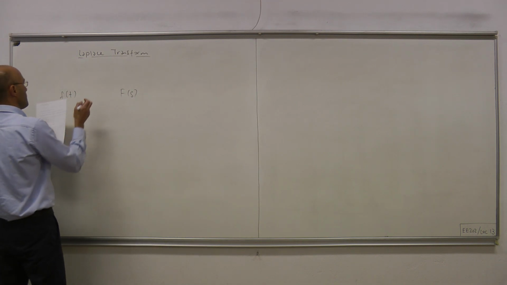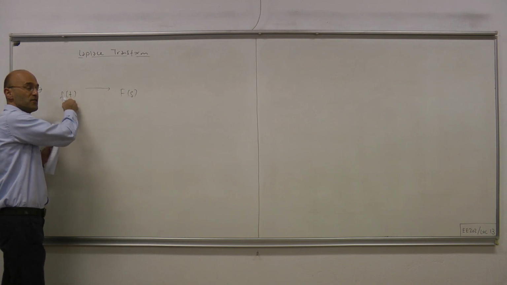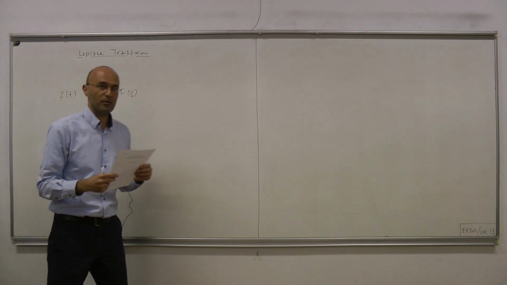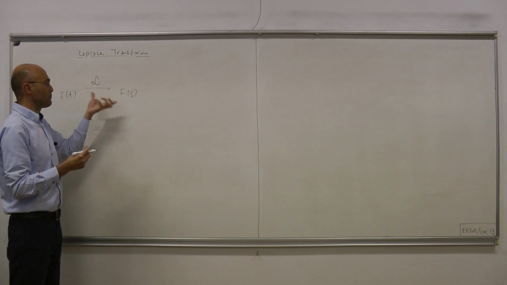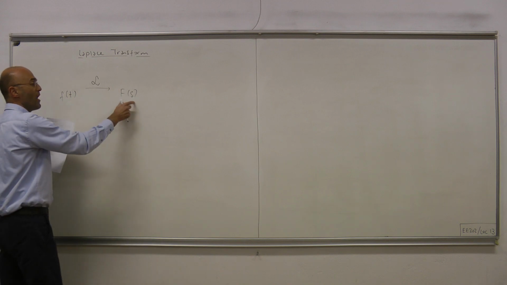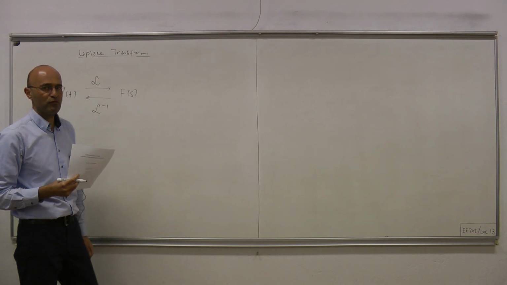This direction, from lowercase f to capital F, we say we go in this is the Laplace transform of f of t, and then if you have F of s, you can inverse Laplace transform it and obtain f of t.